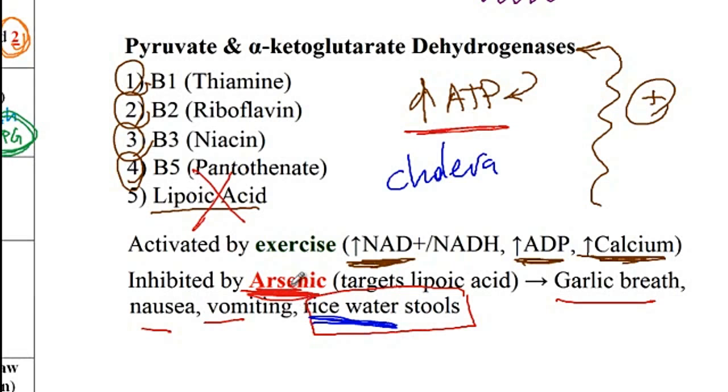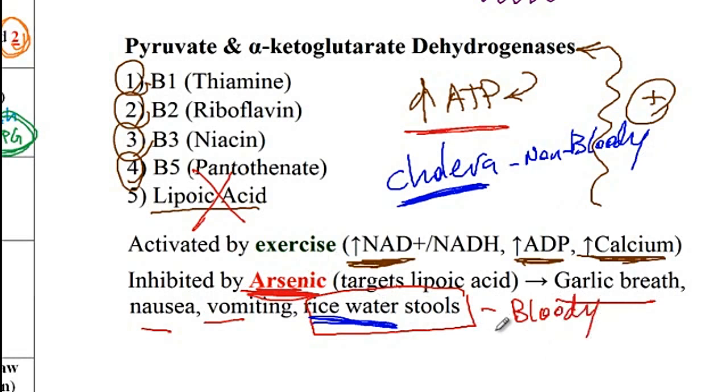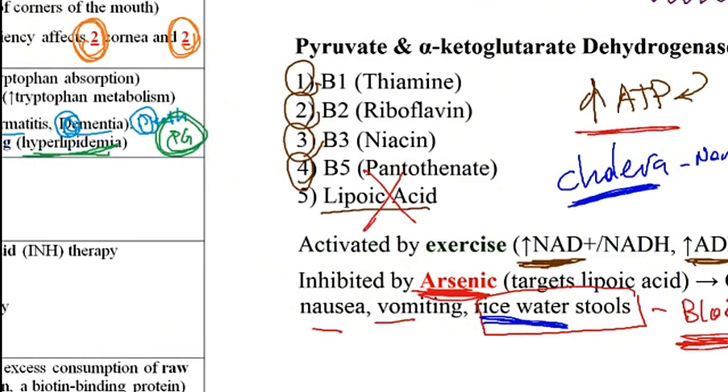But the difference with arsenic toxicity is that cholera toxin causes non-bloody rice water stool, versus arsenic toxicity causing bloody rice water stool. And the reason for that is that arsenic increases the permeability of the blood vessels, as a consequence of which there would be blood in the diarrhea.